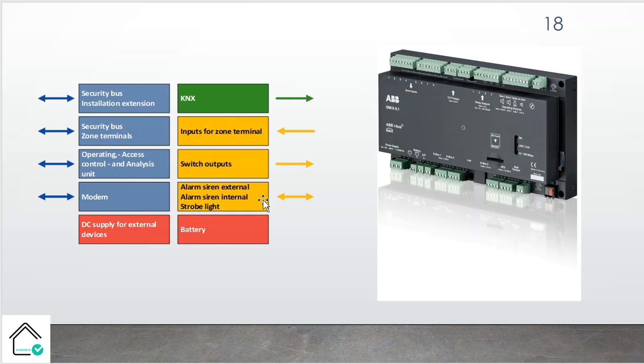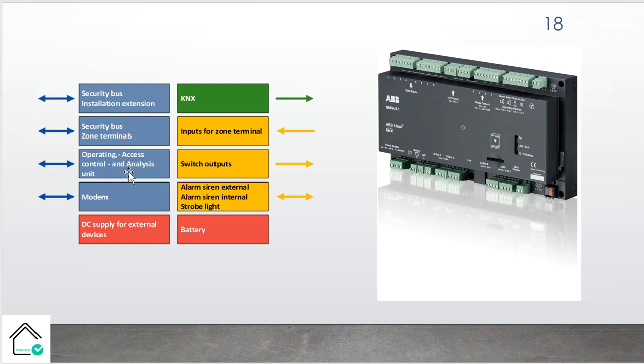activate the siren. The battery connection, the DC supply: there is a power supply because 230 volt from the utility is coming to the battery, coming to the power supply, and then supplies these centers. Modem, because you want to have the communication with the IP.